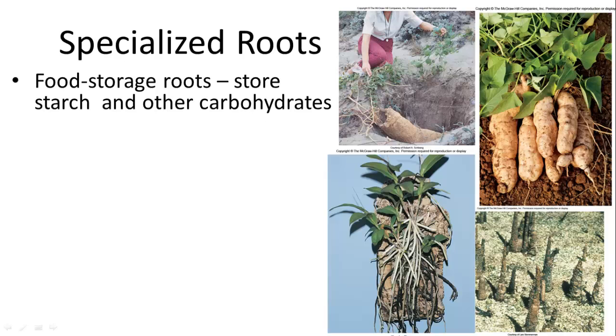And then you may have pneumatophores, which are spongy roots that come out of the ground. This is generally found in plants that are aquatic or in water. Since there's not a lot of oxygen in the water, these roots will stick out into the air and be exposed to the oxygen there.